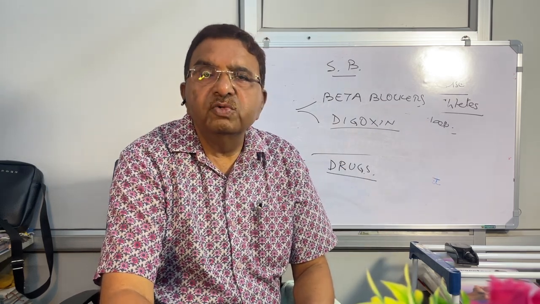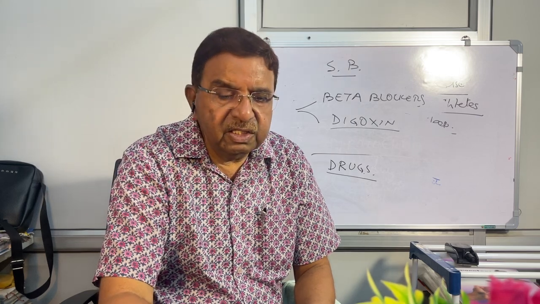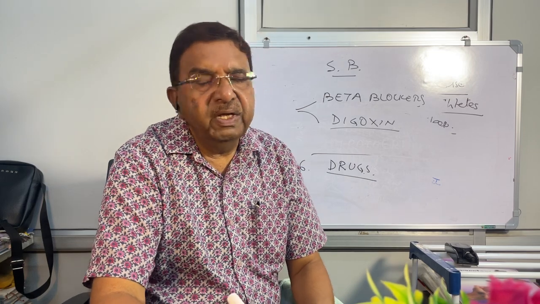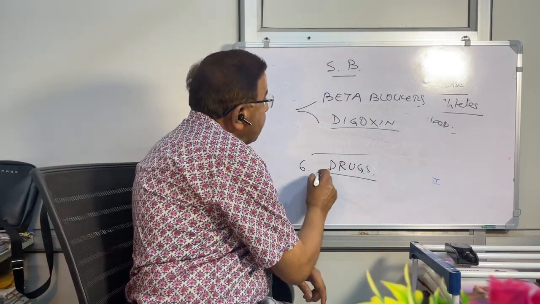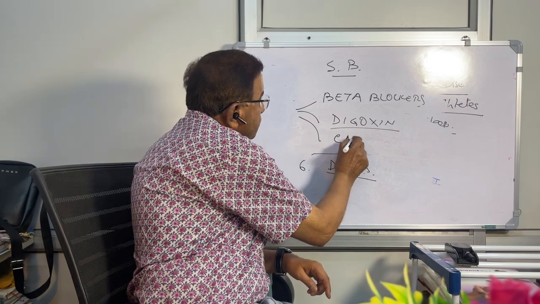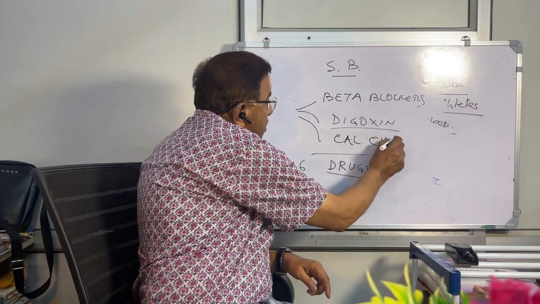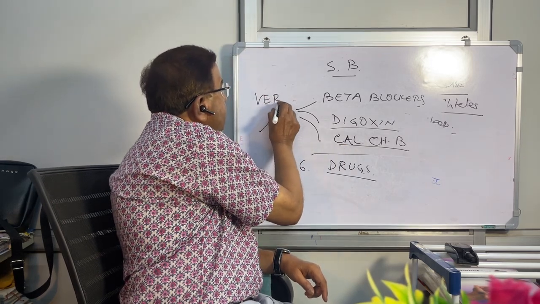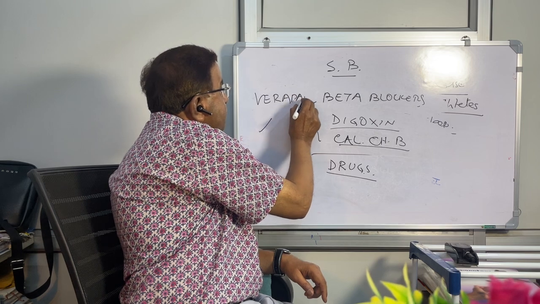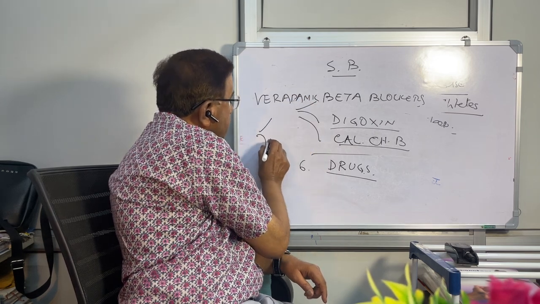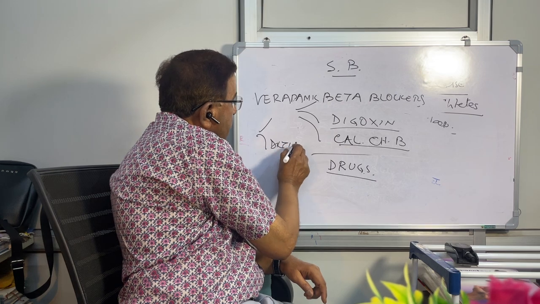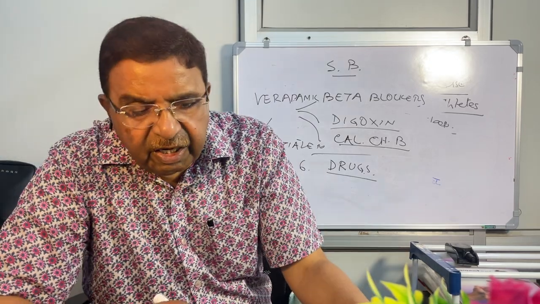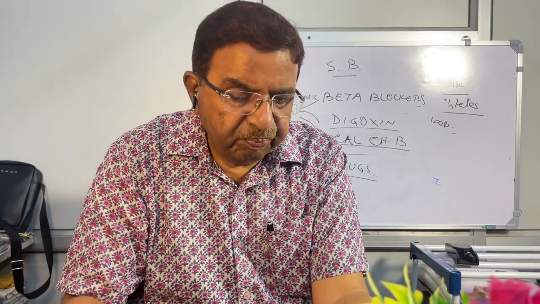In the past it was used very frequently, but nowadays it is not frequently used. Then the third drug can be calcium channel blocker, CCB, especially verapamil and diltiazem. So these are drugs which may lead to sinus bradycardia.